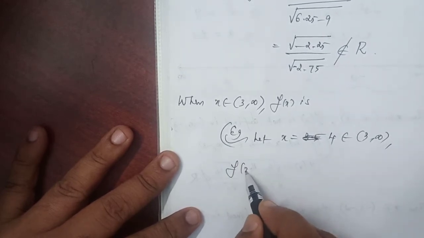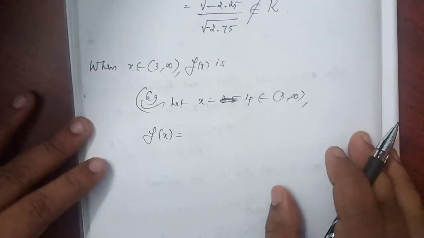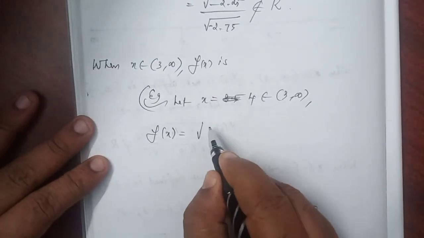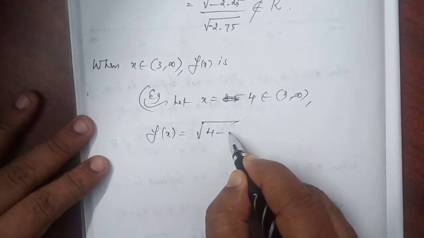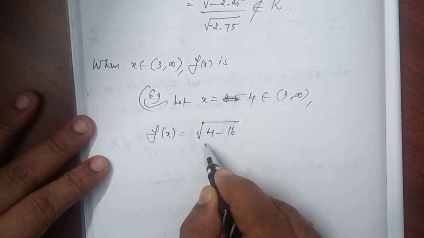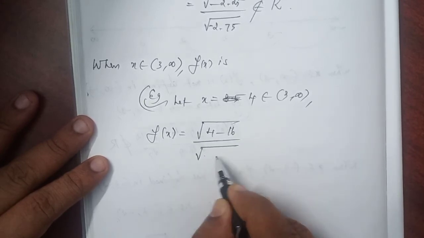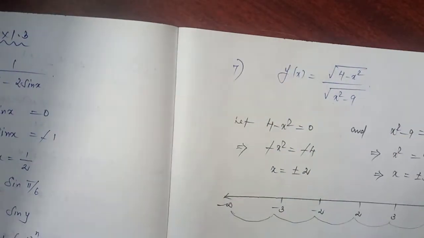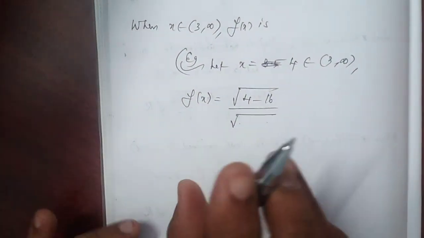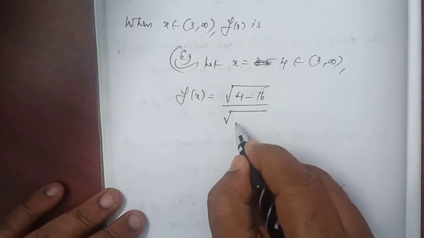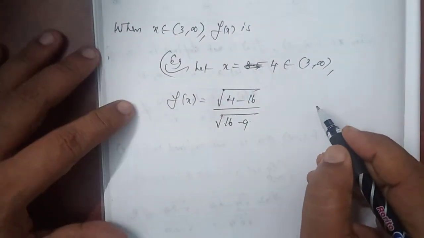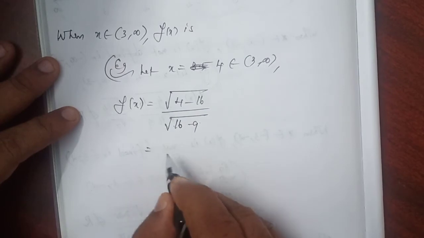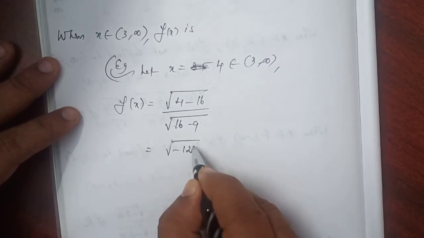We have to verify the f of x value. f of x is equal to, what is the numerator? 4 minus x square, that is 4 square is 16, divided by root of x square minus 9. Here x should be replaced by 4. 4 square is 16, minus 9 is 7. And the numerator is 4 minus 16, that is minus 12.